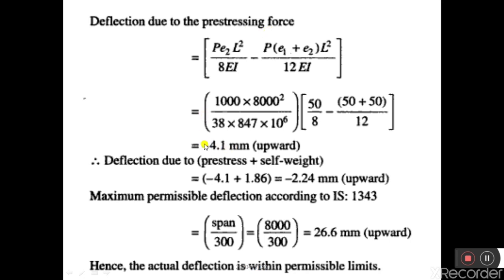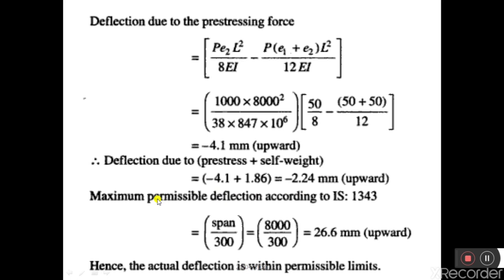The minus sign indicates that the deflection due to pre-stress is in upward direction. Therefore, deflection due to pre-stress plus self-weight: deflection due to pre-stress is minus 4.1 plus deflection due to self-weight is plus 1.86. So the total deflection is minus 2.24. Again, the deflection is in upward direction.